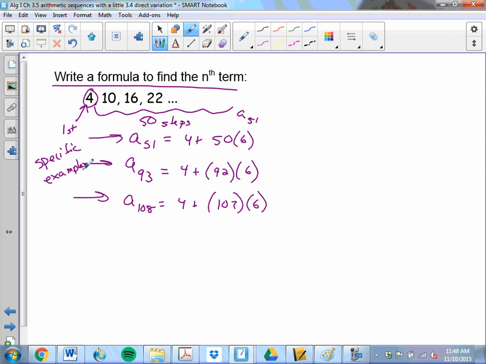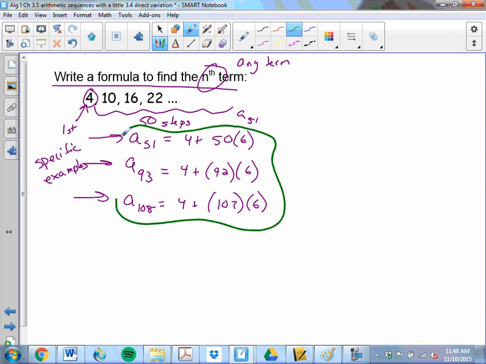But what I want is a formula to find any term, to find the nth term, where n stands for any number. That's the idea of finding any term. Well, I'll take this process and do it more generally. If I want to find the nth term, I'm starting at the first term.